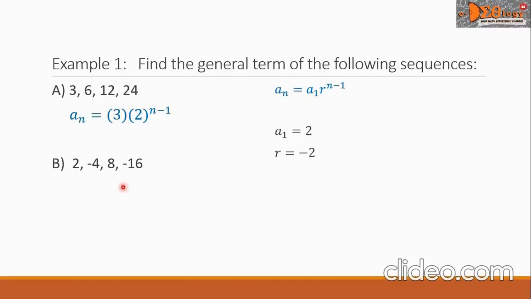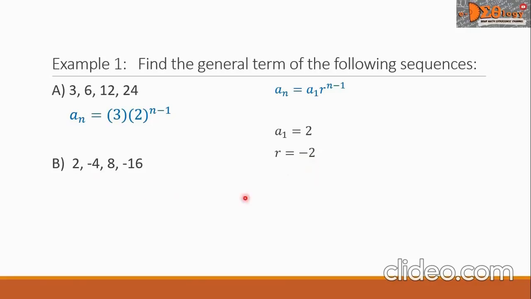Just to check, if we take this negative 4 divided by 2, that is negative 2. Or this 8 divided by negative 4 is negative 2. Or this negative 16 divided by 8 is negative 2.